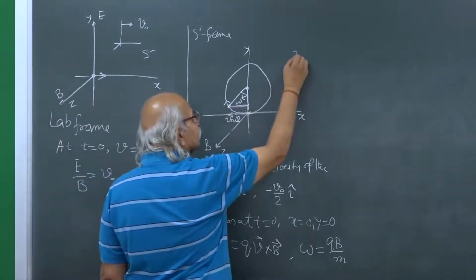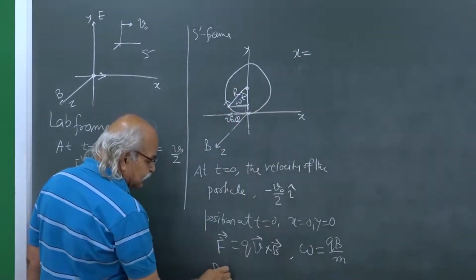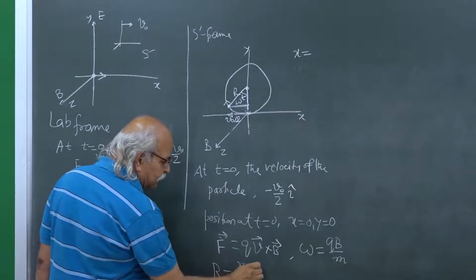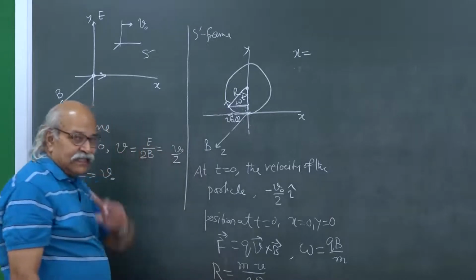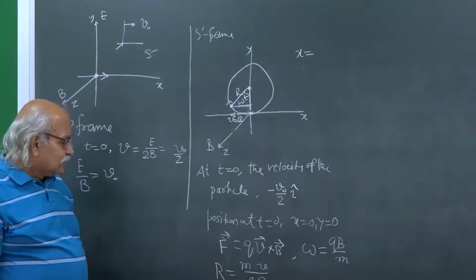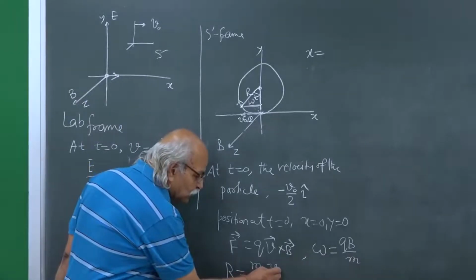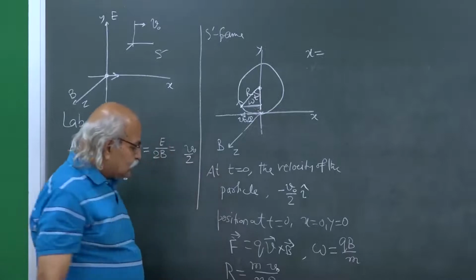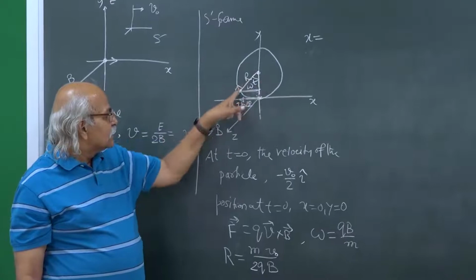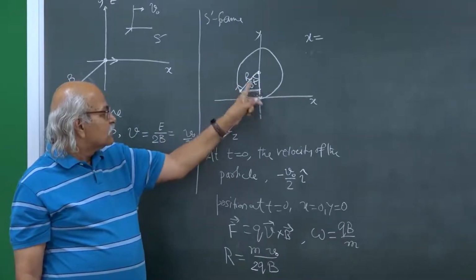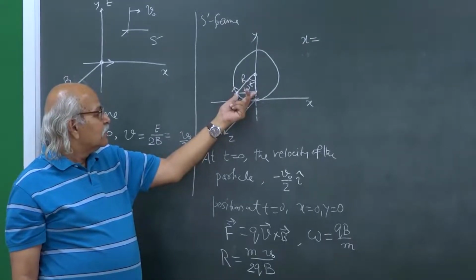So, x is equal to, okay, what is the radius? The radius is given by m v by q B. For the radius of the circle we had done it. So, this is mass times velocity, and velocity is now v naught by 2. So, that is the radius. With this radius it is going this way. How much is this? This is omega t angle, this is r. So, this will be r sin omega t.